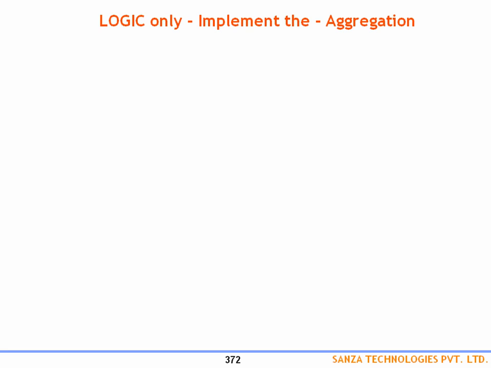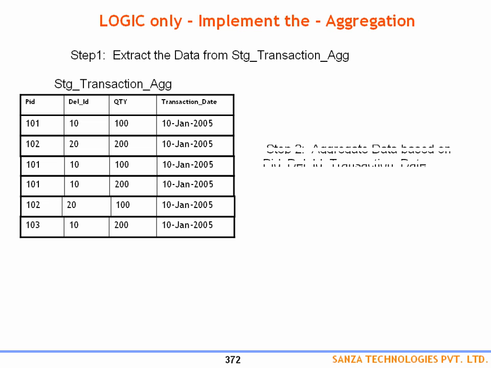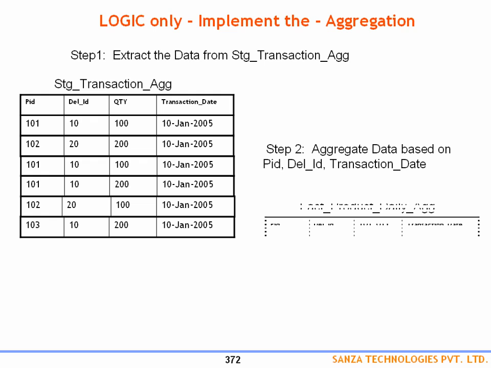Now you are going to extract the data from stage transaction AGG and aggregate the data based on product ID, dealership ID, and transaction date to calculate the sum of quantity, to get the total quantity into your target table.